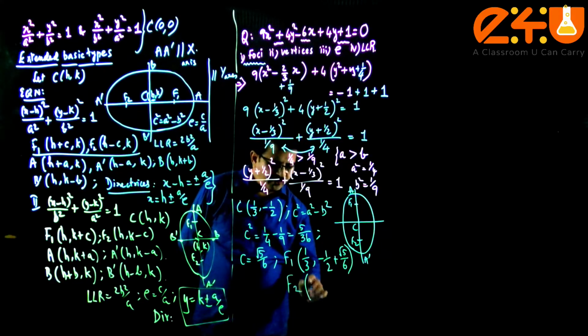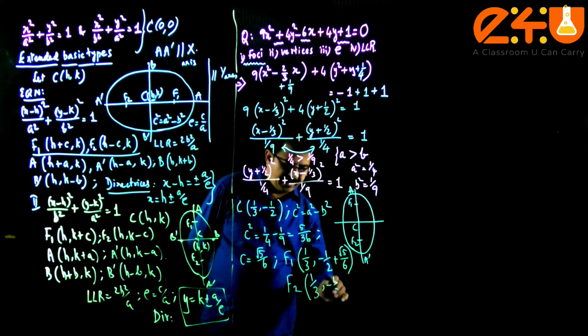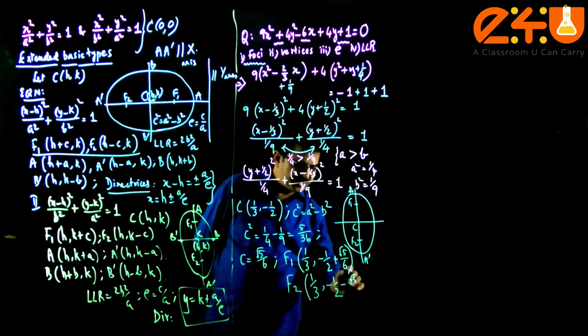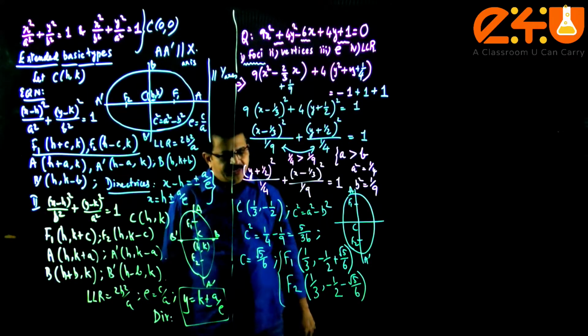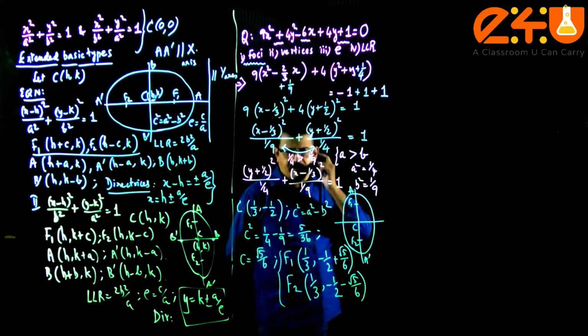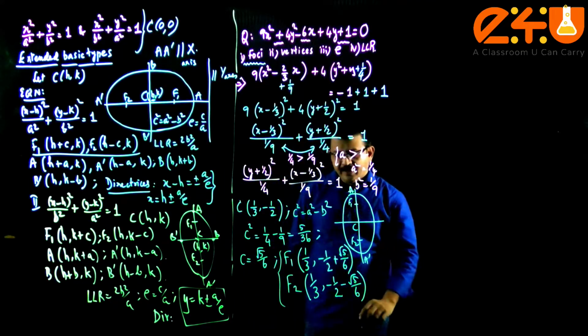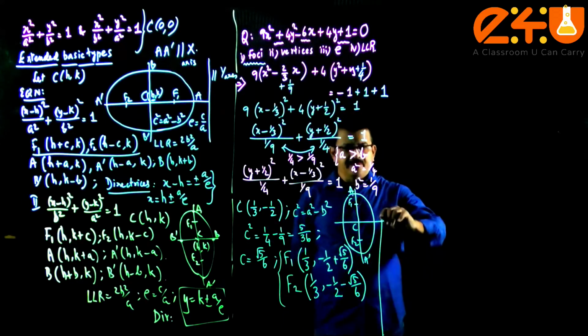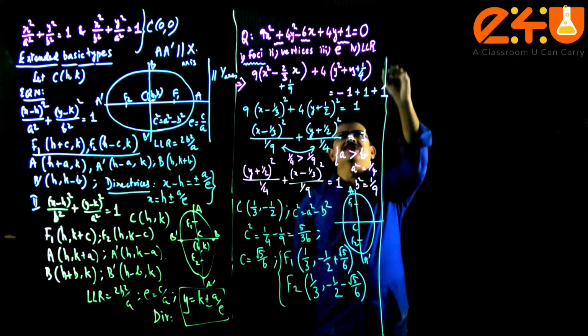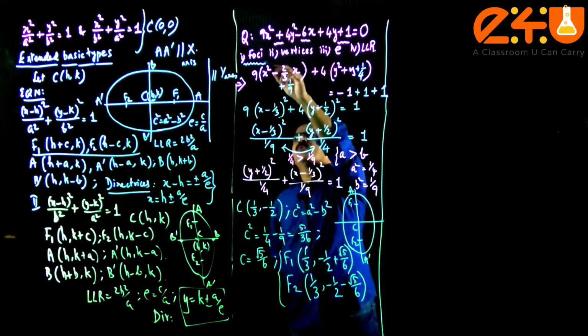The other one will be at 1 by 3 comma minus 1 by 2 minus root 5 by 6. So which happens to be the pair of foci in this case. Okay, so this is the desired coordinates of the foci.